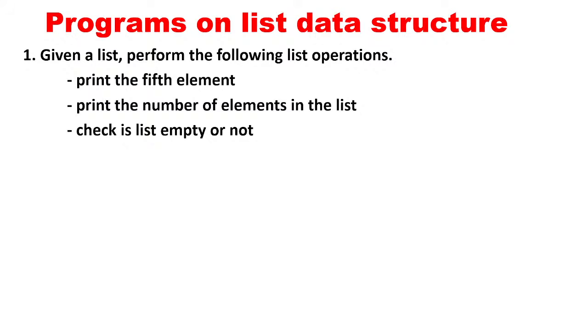These operations we need to perform on the list. So assume that a list is given to us. First let us create a list and do these operations on the list. Got the question?